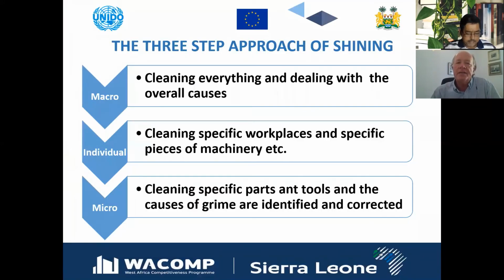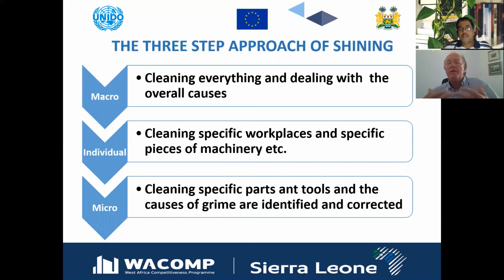Now, there's a three-step approach to the third S. First of all, at the macro level, cleaning everything and dealing with the overall causes. So if things are dirty and dusty and messy, why are they dirty and dusty and messy? Maybe there's a window pane broken and the dust is coming in from outside.